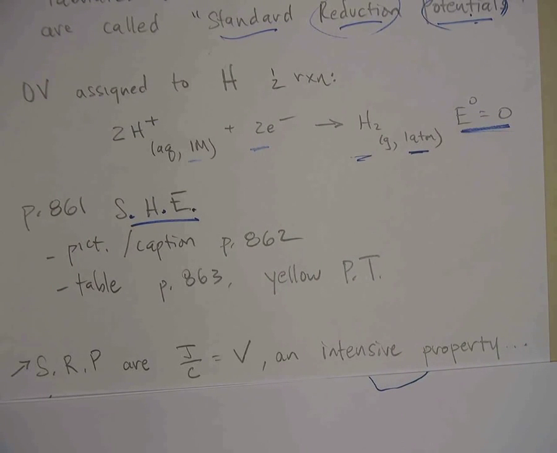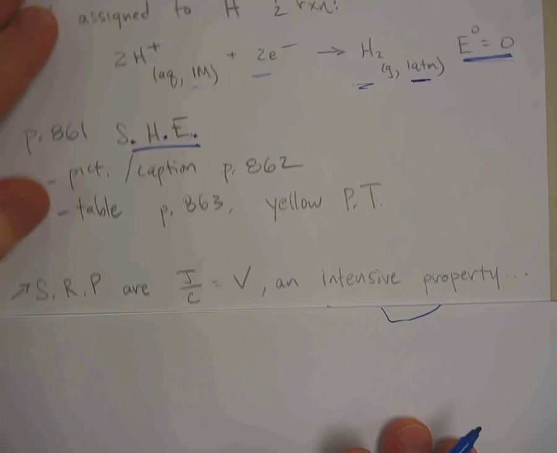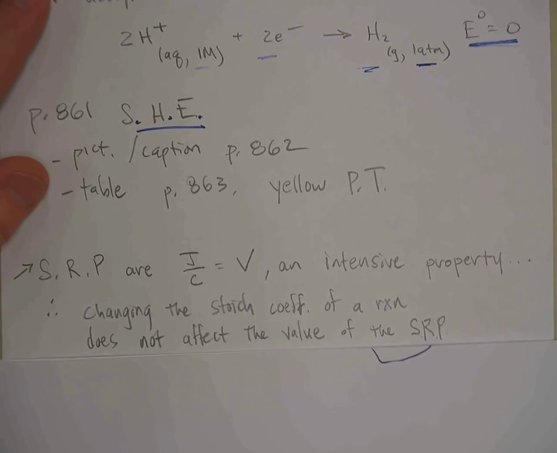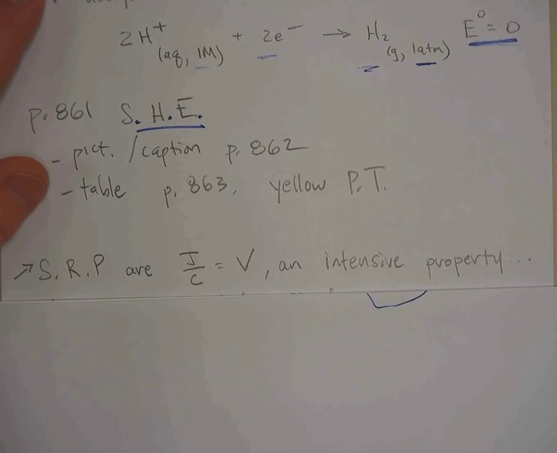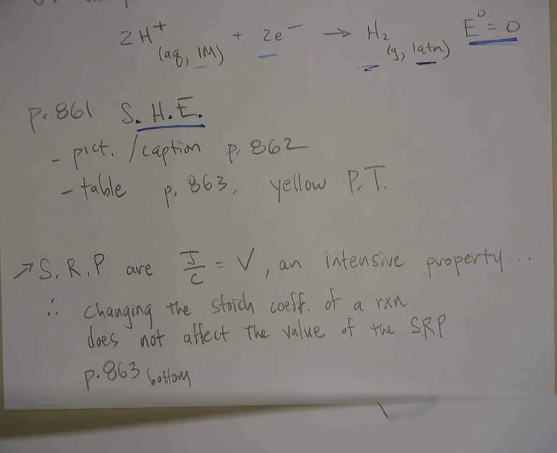This is an intensive property of matter. And if you forgot what an intensive property is from way back in chapter 1, an intensive property is one that is independent of the amount of stuff that we have. So changing the stoichiometric coefficient of a reaction does not affect the value of the standard reduction potential.